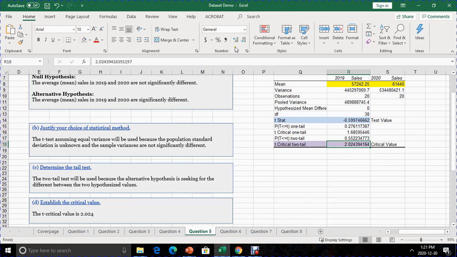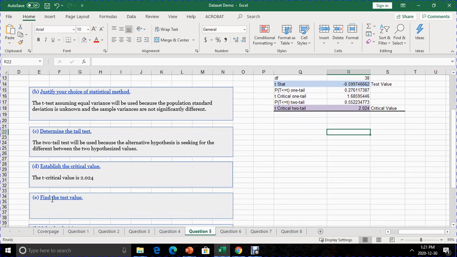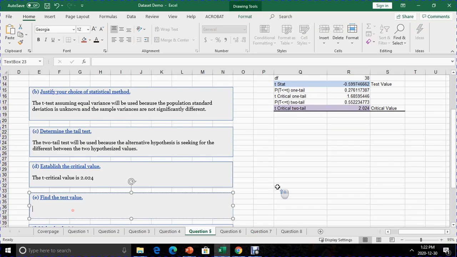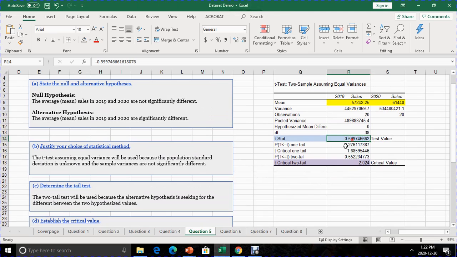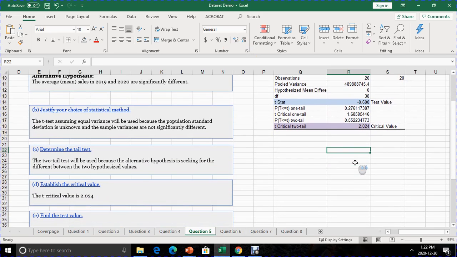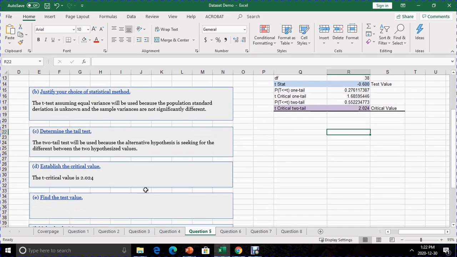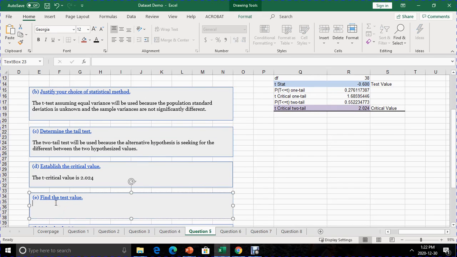So again, we have to reduce this to 3 decimal places, and then it also asks to find the test value. The test value is given as negative 0.599. So let me just reduce. That takes me to 3 decimal places, which will be negative 0.600.